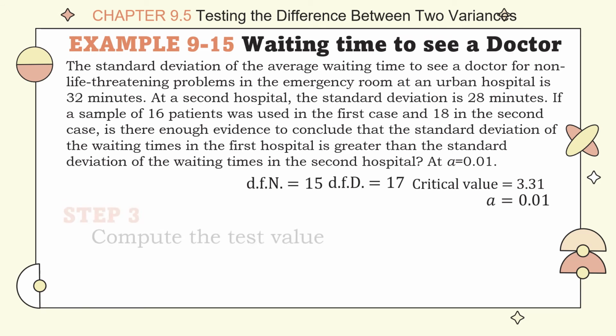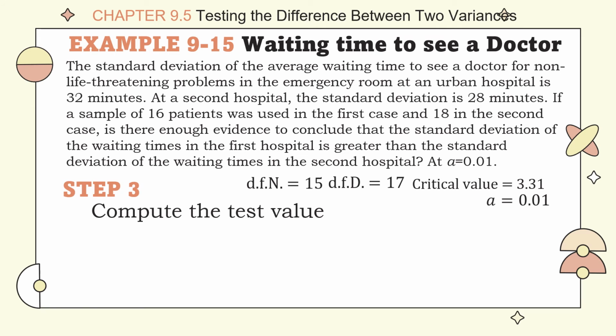Next, step 3, compute the test value. From our problem, we have the sample standard deviations. Standard deviation sub 1 is 32, and s sub 2 is 28. Now we substitute them in our formula to get the test value.